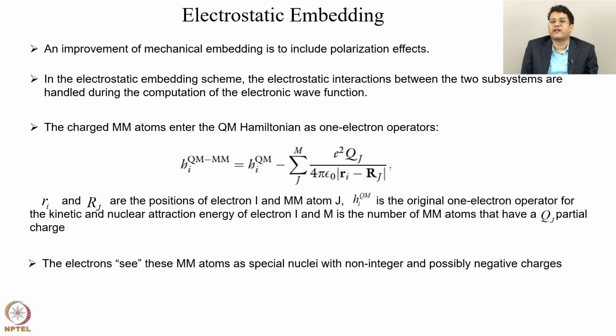But these atoms actually have non-integer charges, and you may think it is unphysical. But these charges are fitted to describe the electrostatic interaction as accurately as possible. So, although the charges are non-integer, they will lead to the correct electrostatic potential.